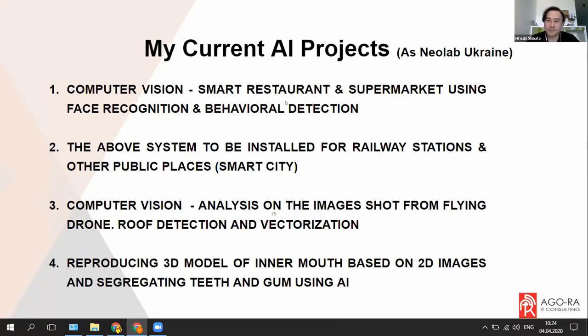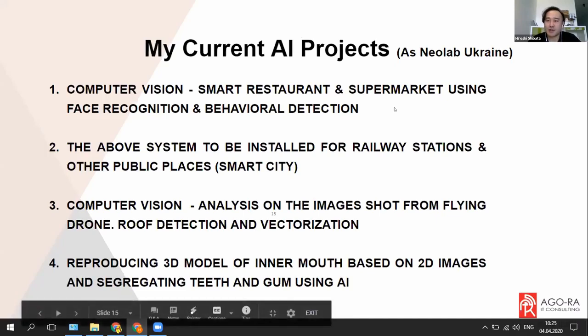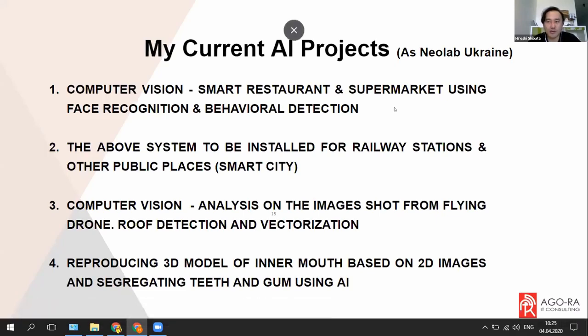It's a smart restaurant, a smart supermarket using face recognition technologies and behavioral detection. So people tracking, in other words. And this system is also planned to be used for places like railway stations and other places. So it's more like a smart city.